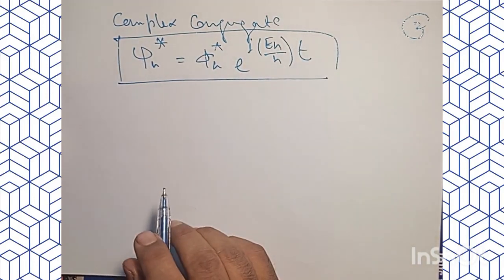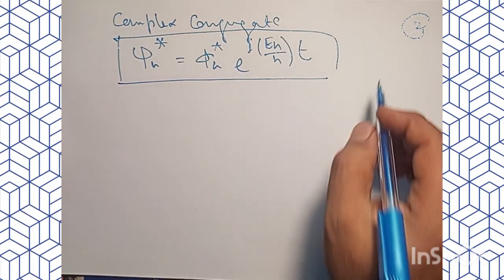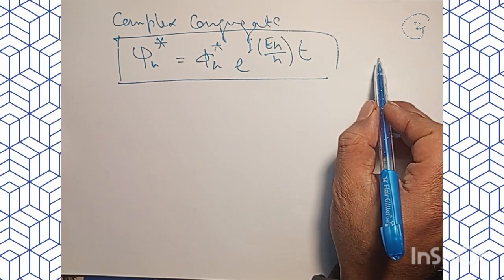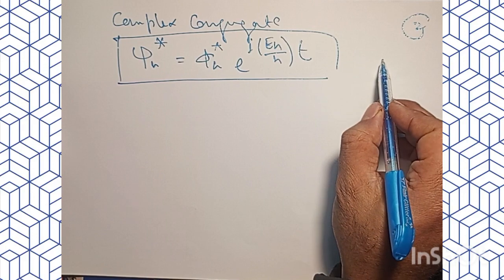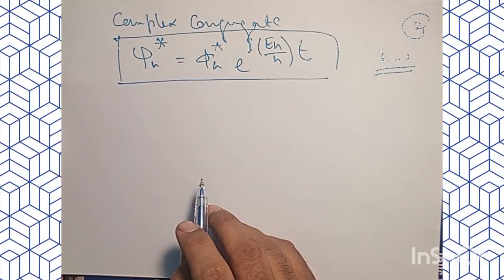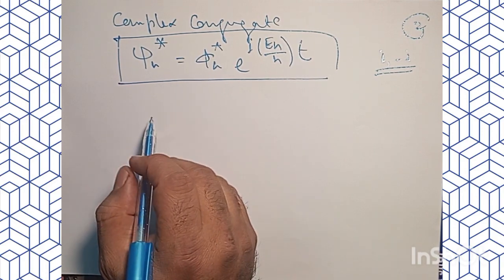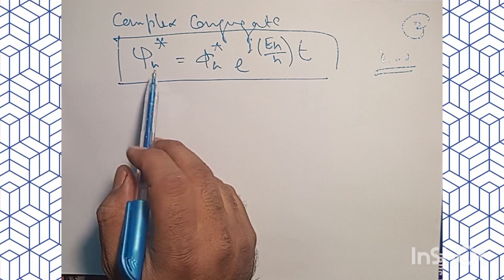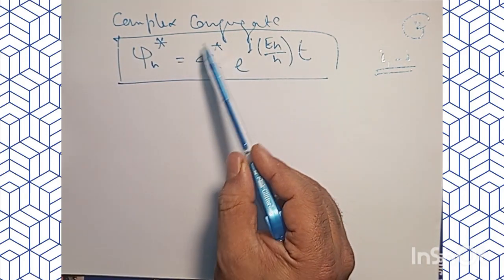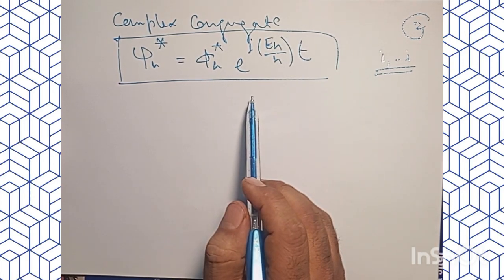When we take the complex conjugate of anything, all we have to do is change the sign of the iota. If I have iota, I replace it by minus iota, and vice versa. So we have taken the complex conjugate of the wave function psi n, which is the product of a part independent of time and the time dependence.